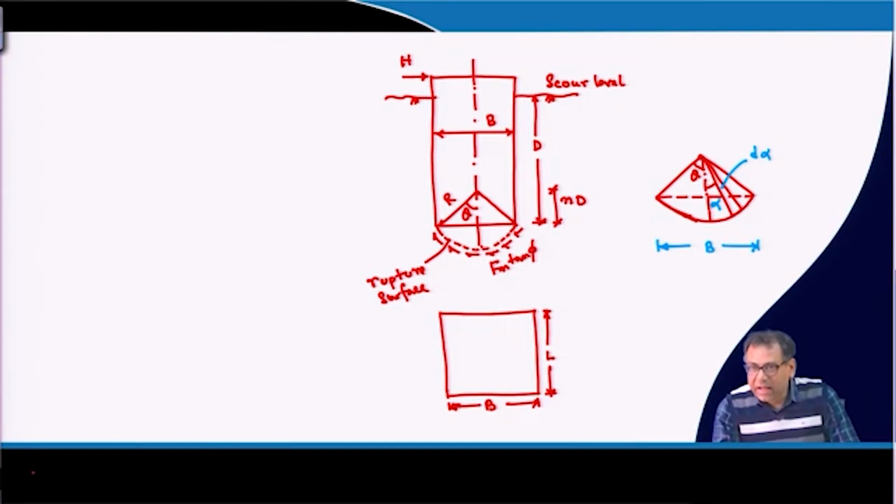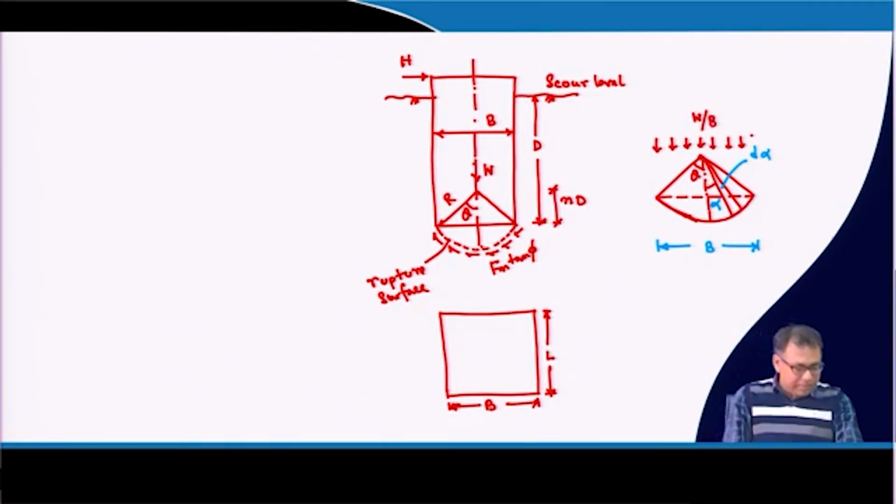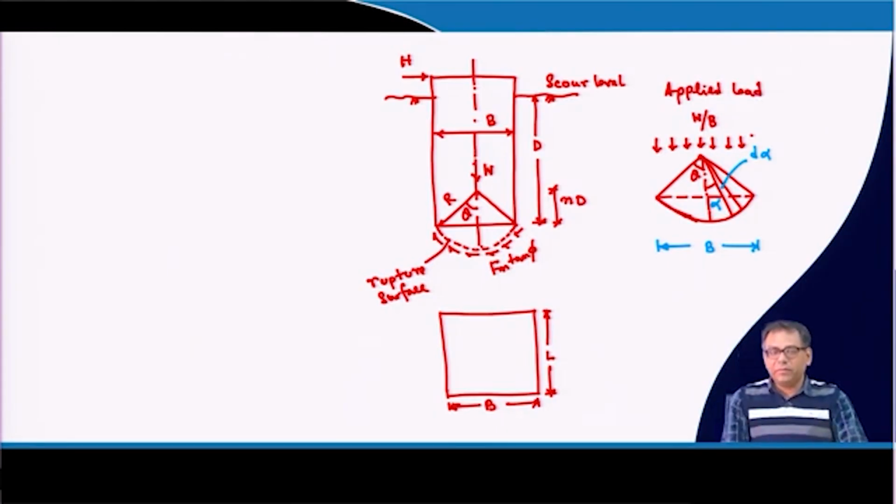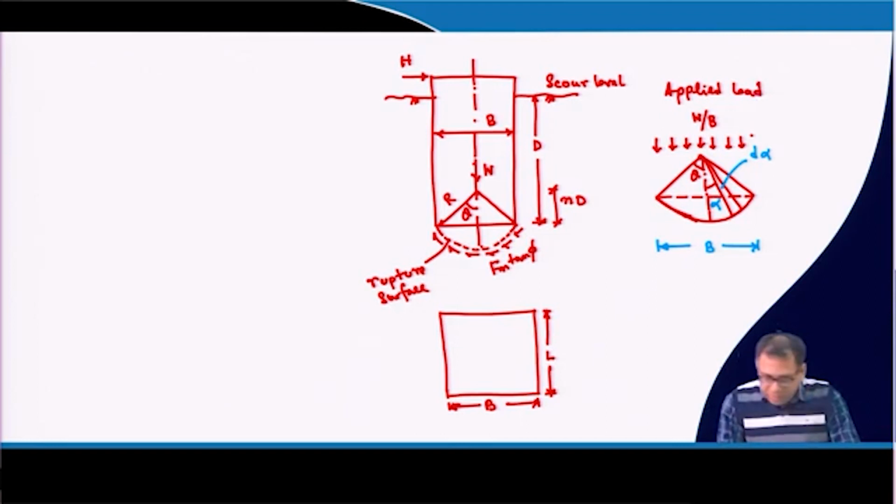Now, the applied load, so we have an applied load of W. So, W is acting here, the downward load. That applied load is acting at the base, and that will be W by B, written here. So, that is the applied vertical load, and there will be an upward base pressure.